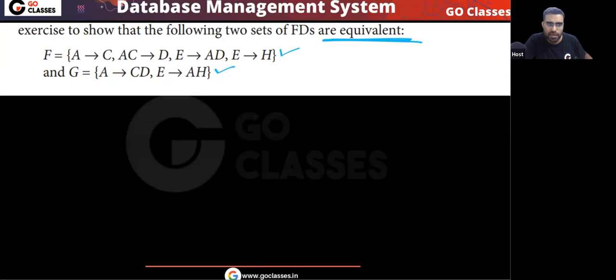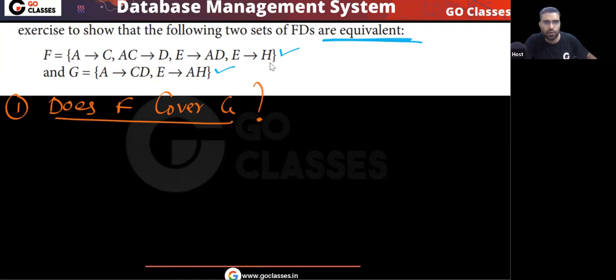Now you tell me, can I say F covers G? If you want to check whether F covers G, what will you do?